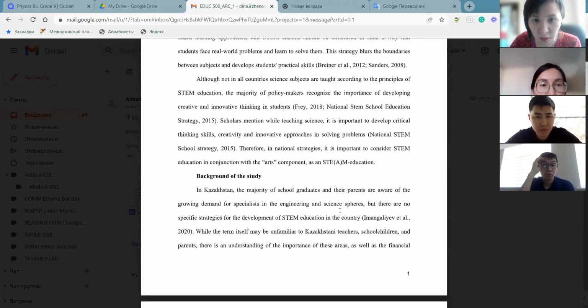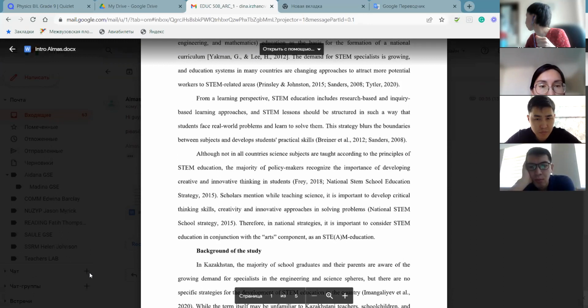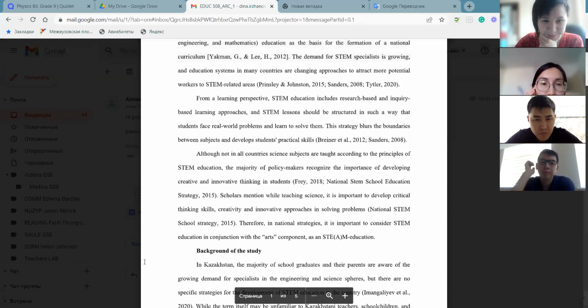Could you please stop on the introduction? I thought you used the second and, I guess, the third paragraph from a learning perspective. Why was this idea used here, and not from a teaching perspective, for example? Okay, I got your question. You mean from the perspective of students, right? Yes, the second paragraph.